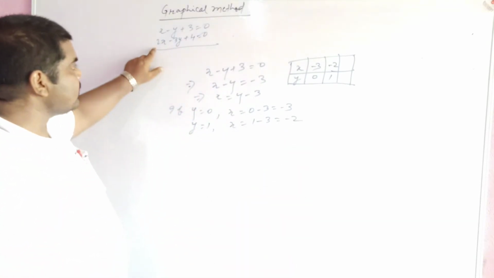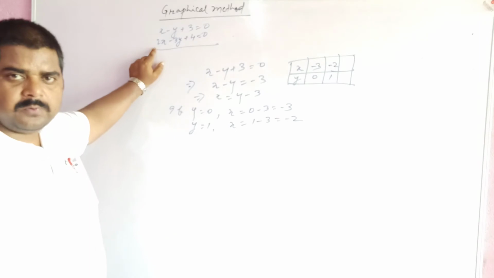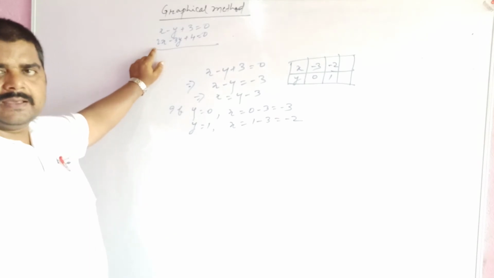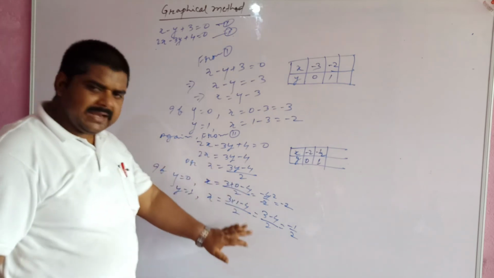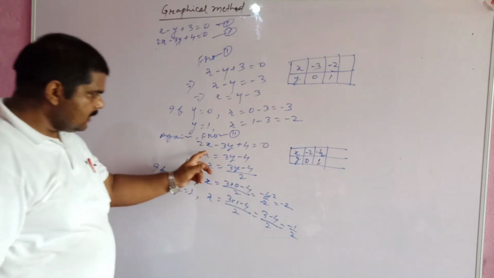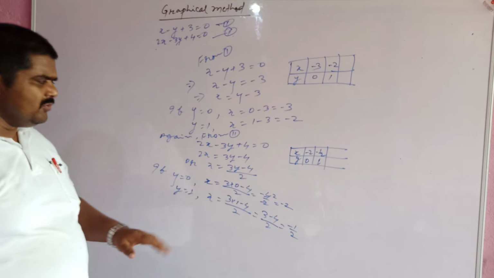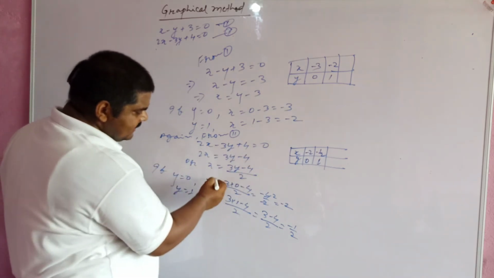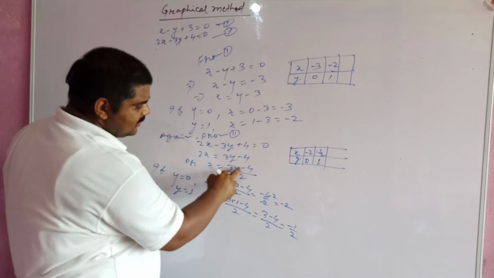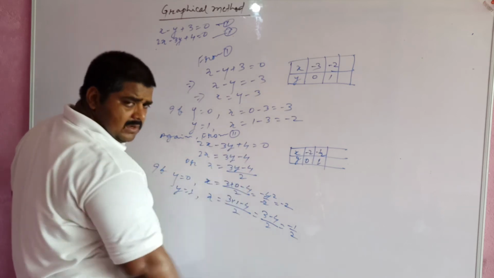Similarly, you go for the second one by rearranging it. My dear student, I have rearranged 2x minus 3y plus 4 is equal to 0 because you can easily do that. By rearranging, I have written x is equal to 3y minus 4 upon 2.